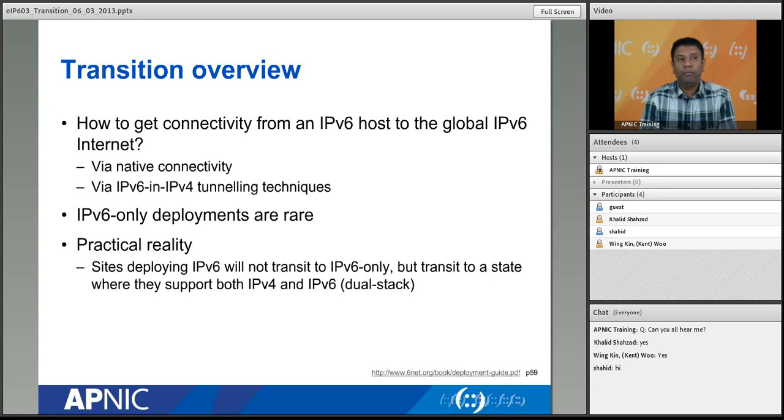Those are the two basic things that we'll be discussing. Apart from that, there is another concept called translation. We'll discuss a little bit of translation as well when we cover the transition technologies. But all the transition technologies that we currently have fall under those three categories: either native, tunnel, or translation.